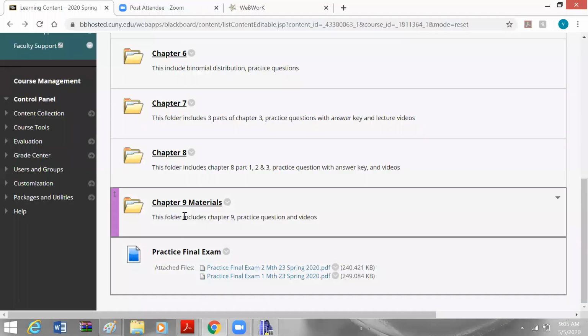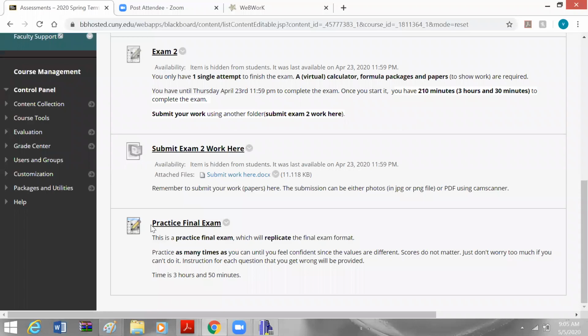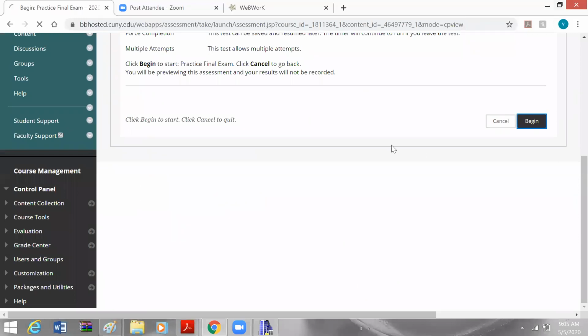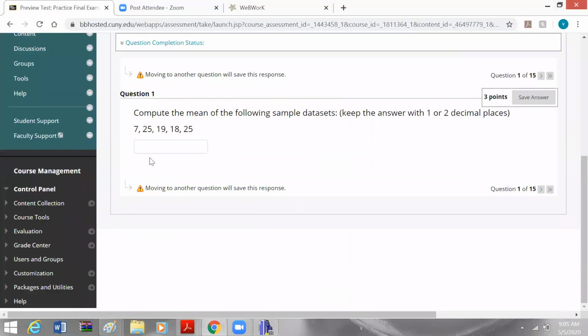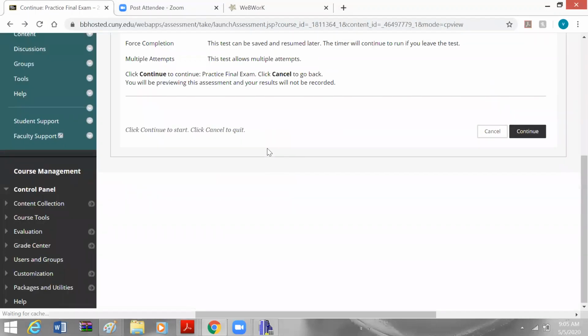I'm going to get rid of the practice final exam because I don't see people actually understanding the format and how to do it. So I feel like I should just get rid of that. It doesn't really show, since for some reason we do not do it very well.